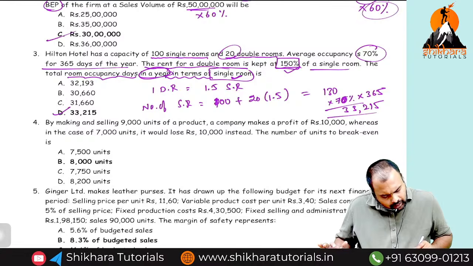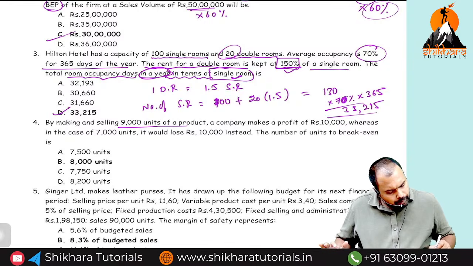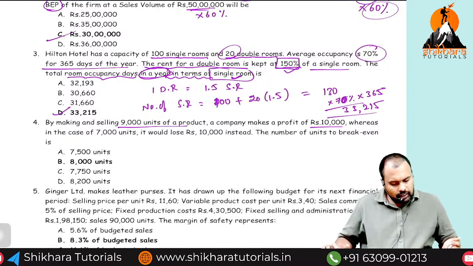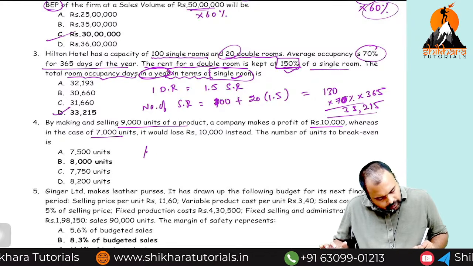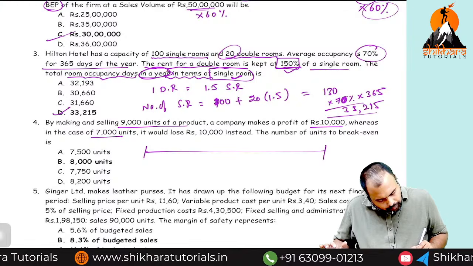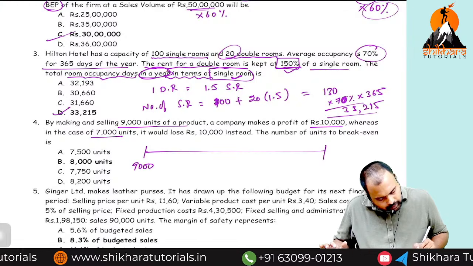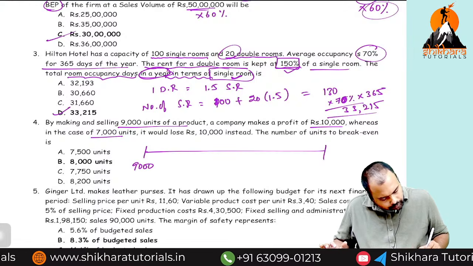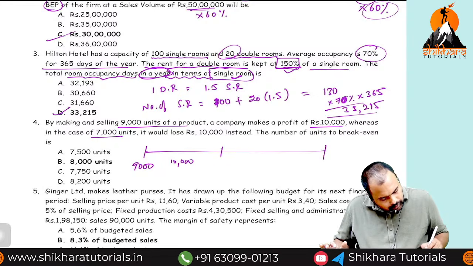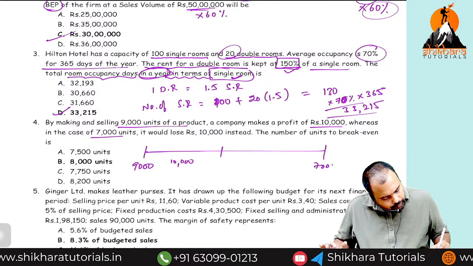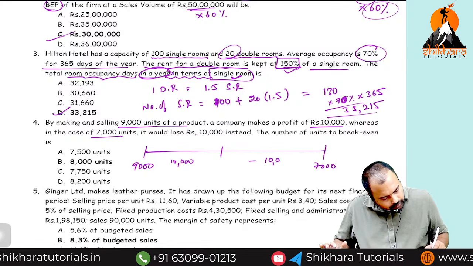By making and selling 9,000 units of a product, the company makes a profit of 10,000, whereas at 7,000 units it has a loss of 10,000 rupees.